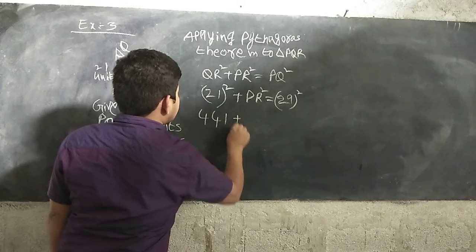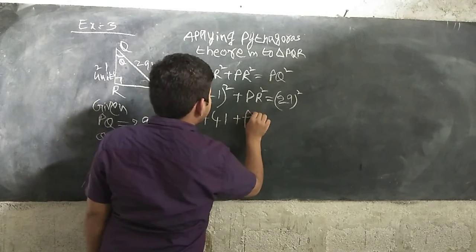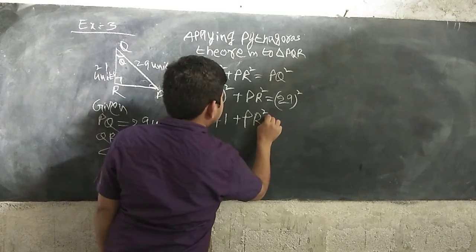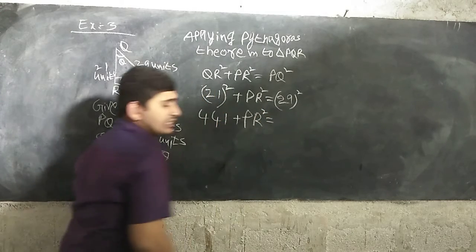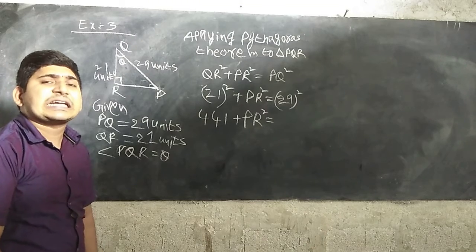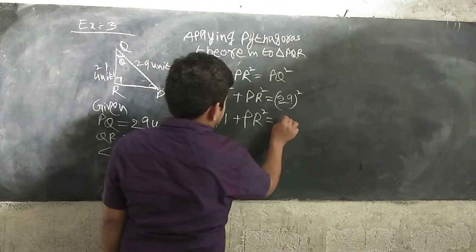441 plus PR square equal to 29 square. 29 into 29: 9 nines are 81, and so on, giving 841.